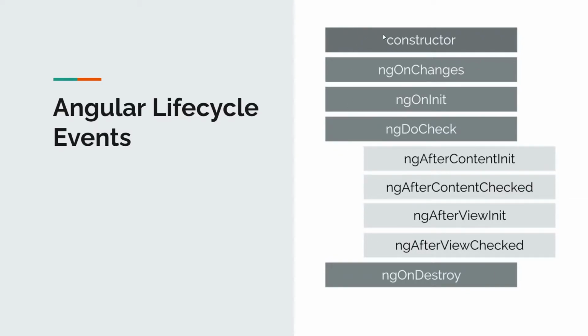Actually, these dark gray lifecycle hook methods are relevant to our parent component. And if there is a child component, these methods will be invoked when the child component view is presented in our parent component.